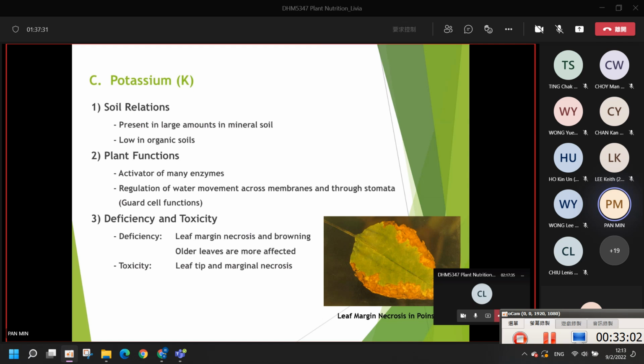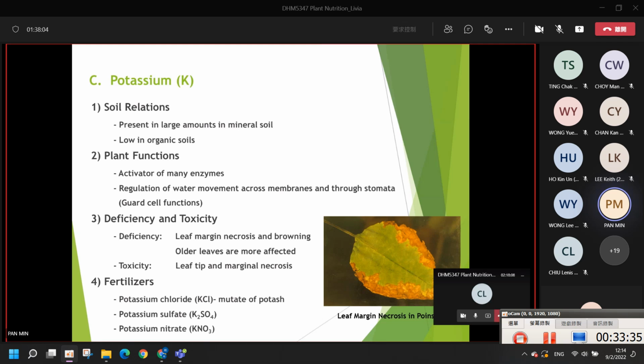So for the symptoms in the future, you need to distinguish whether the symptom is caused by other causes or by potassium deficiency.